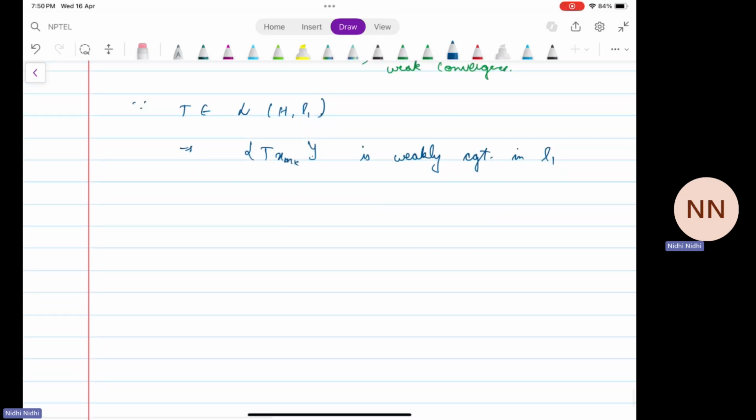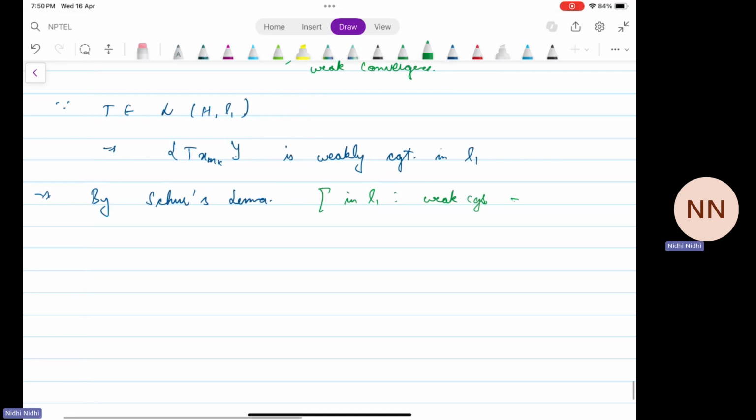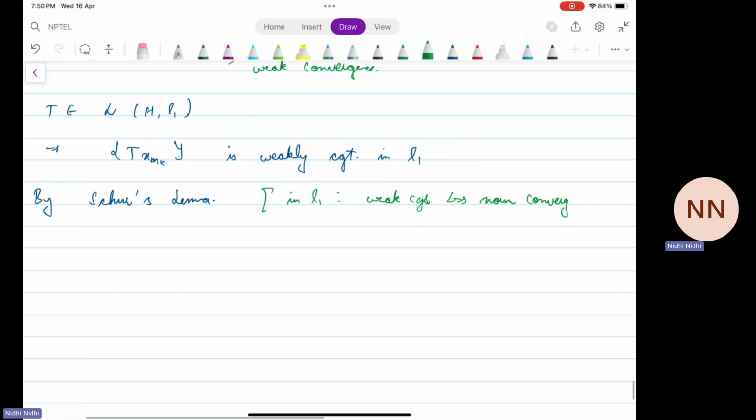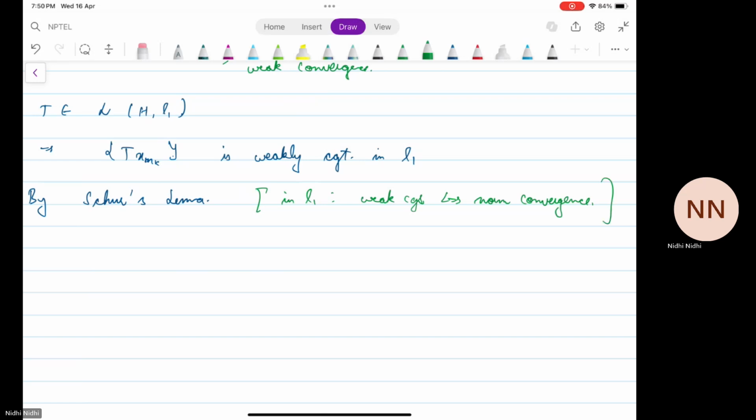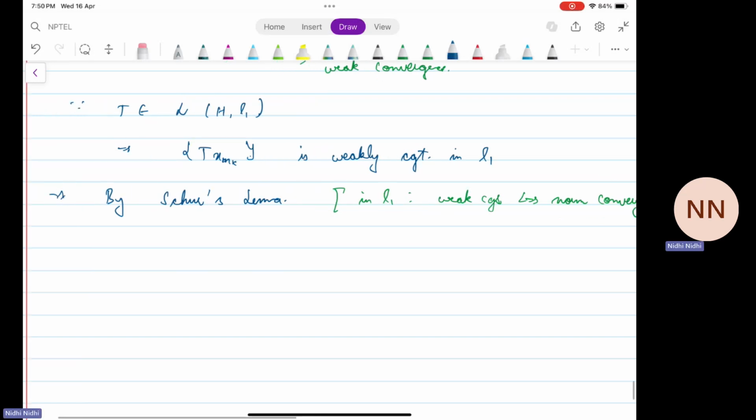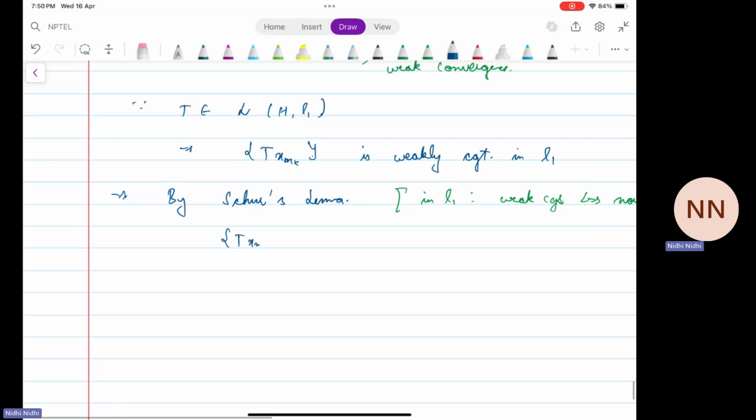And by Schur's lemma, which states that in L1 we have weak convergence if and only if norm convergence, T x_nk is convergent in L1.